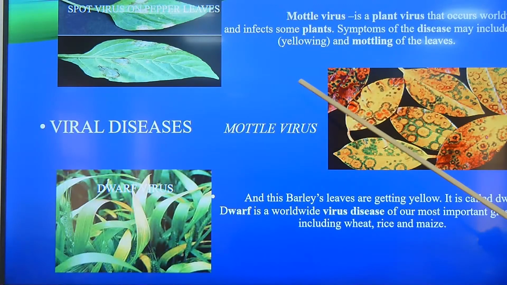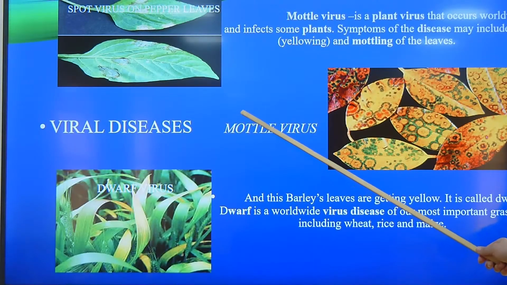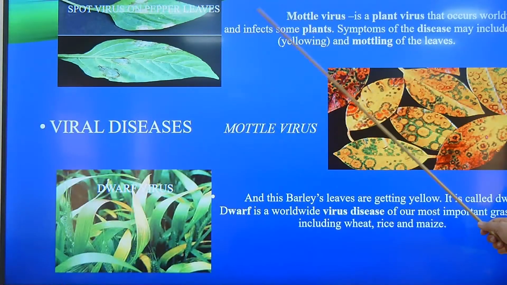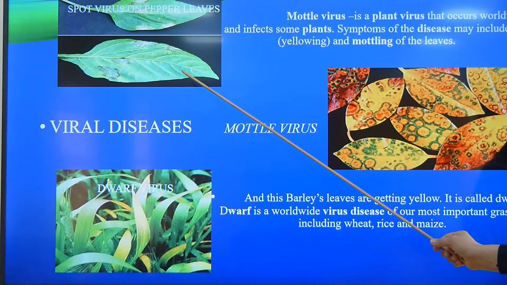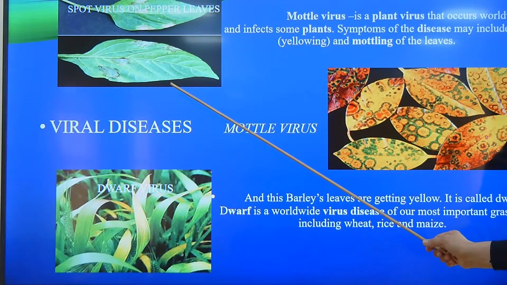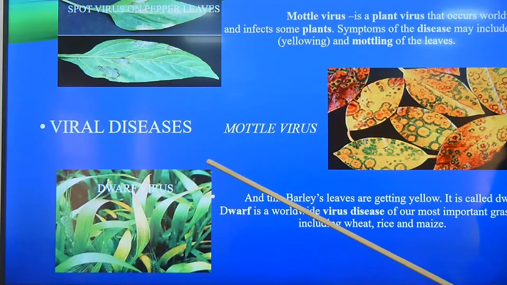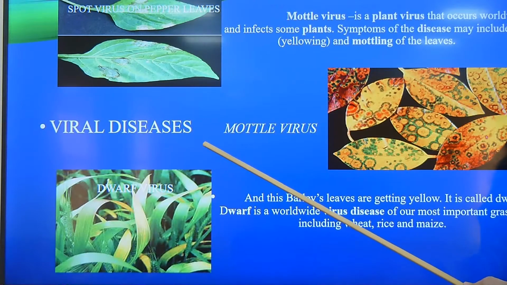The last one, finally, we came to viral disease. Dear students, you have a general understanding of virus. Today, coronavirus, which has spread all over the world, is also a type of viral disease that occurs in humans. But we learn about viral diseases of plants.